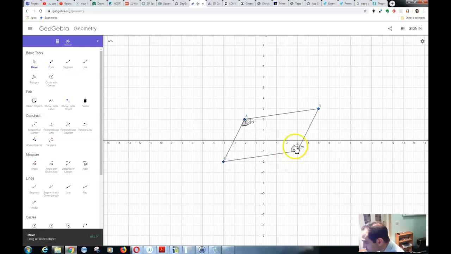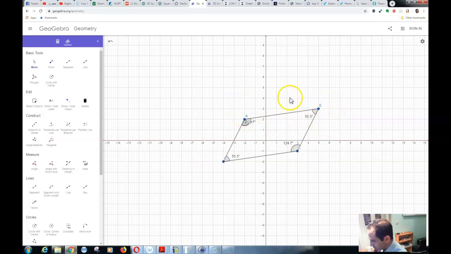I can move this over here. This angle over here is 35.3, and this angle over here is 55.3. This is also a parallelogram, so their solution is also right.